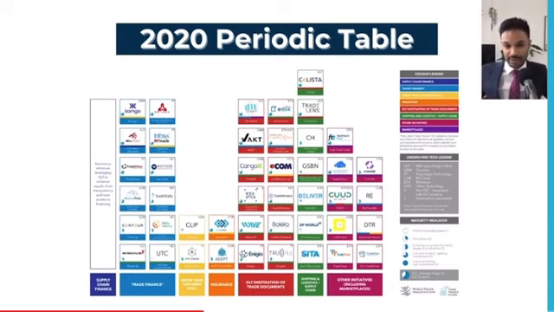Of course, this doesn't mean that DLT-based solutions for SCF are unimportant. Quite the opposite. DLT is vastly interesting for SCF as it addresses many challenges faced, not the least of which is greater transparency of suppliers' operations.